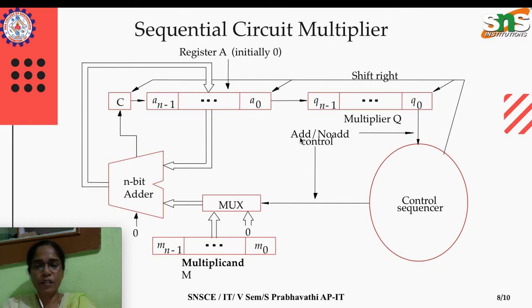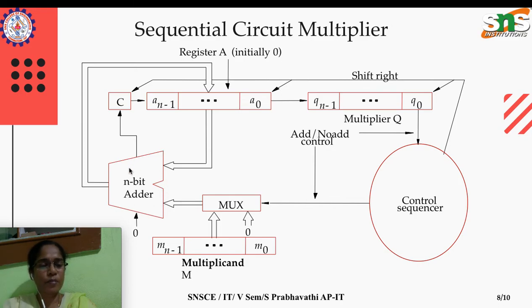If the Q0 value is 1, we need to perform addition of this multiplicand with the partial product. The partial product we are getting from the A register. Both the multiplicand and the partial product are given as input to the n-bit adder. The main thing we need to concentrate on here is that we are using only a single n-bit adder.